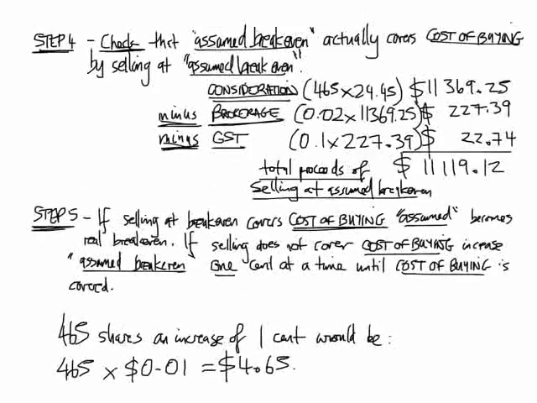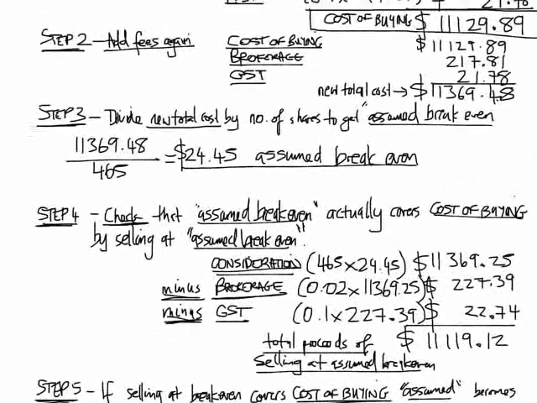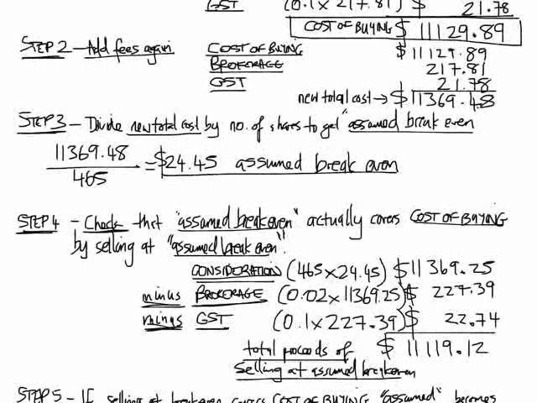But 1 cent would equal a $4.65 increase. Now if you look up here, we need to make up the difference between the proceeds and the cost of buying. We'll find the difference here. 11129.89 take 11119.12.